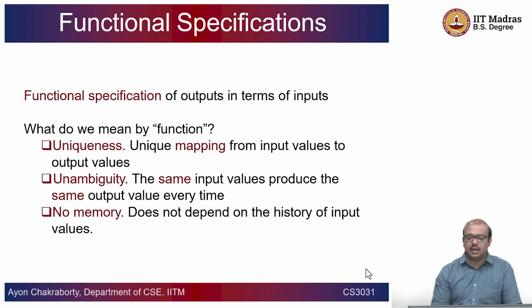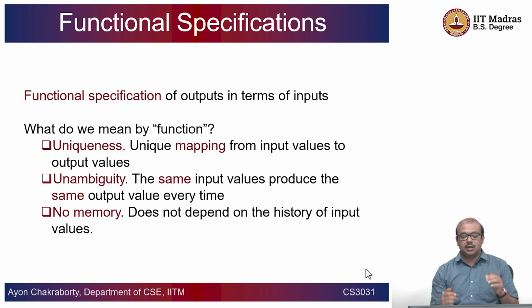However, it might be the case that two different input values give rise to the same output value. That is a different thing, right? But for every input value, there has to be a unique mapping to an output value. There is this unambiguity. The same input values produce the same output value every time.